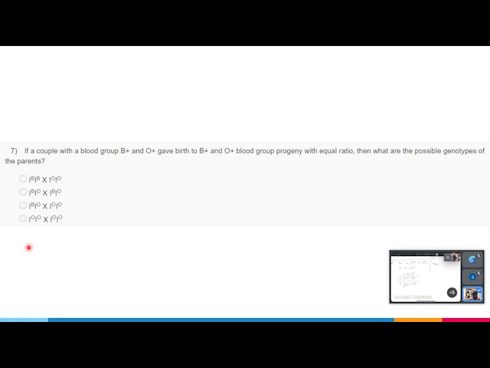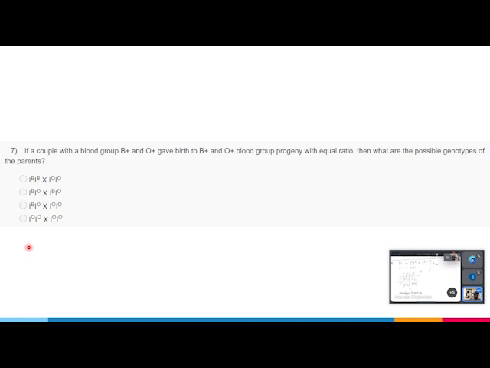Simple Punnett square analysis tells us that in all four cases we have heterozygous B, which is denoted by IBIO.